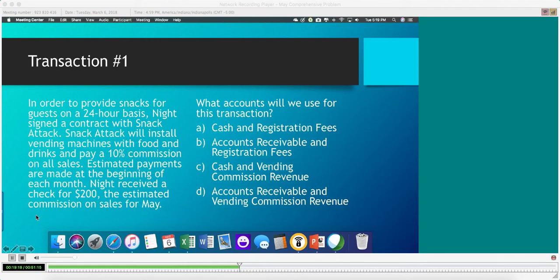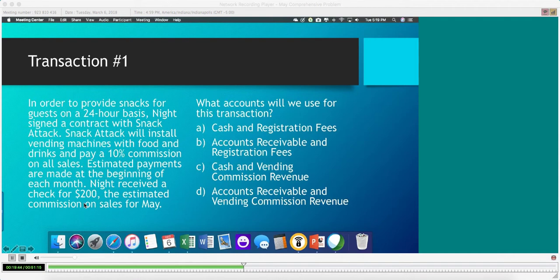And this is actually the first transaction on your assignment for May. And surprisingly, you actually do need all of this information because the commission and how much the check is now, you will need to know for the adjusting entry.